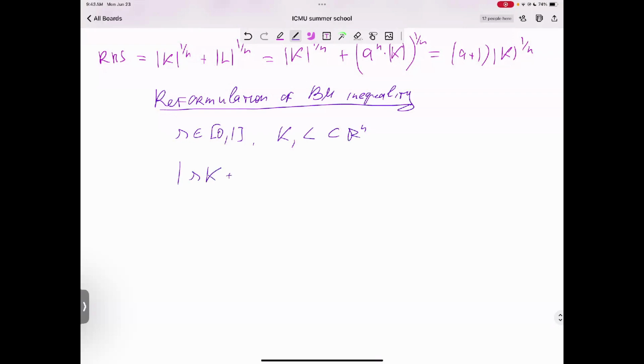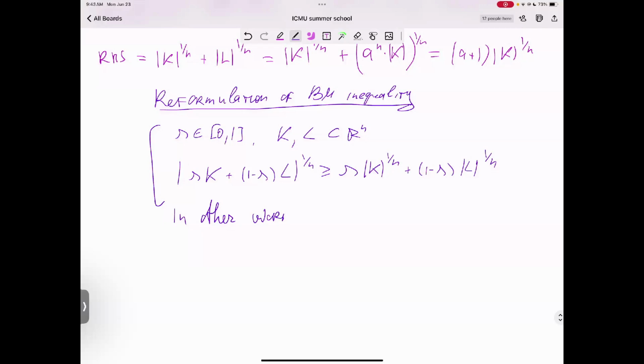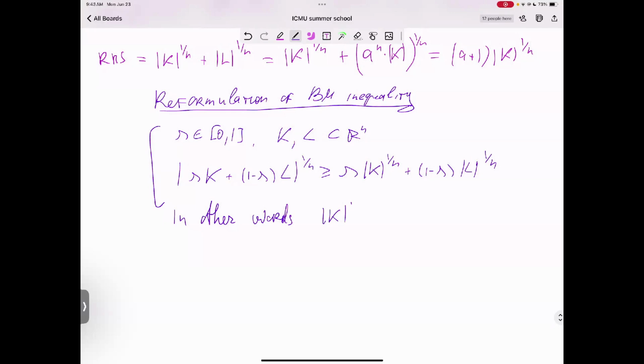If I take the volume of lambda K plus 1 minus lambda L to the power 1 over N, it is bigger than, I'm going to get on the right-hand side, because lambda will come out in power 1 due to homogeneity, lambda volume of K to the power 1 over N plus 1 minus lambda volume of L to the power 1 over N. So in other words, you can say that volume to the power 1 over N is concave in Minkowski addition.